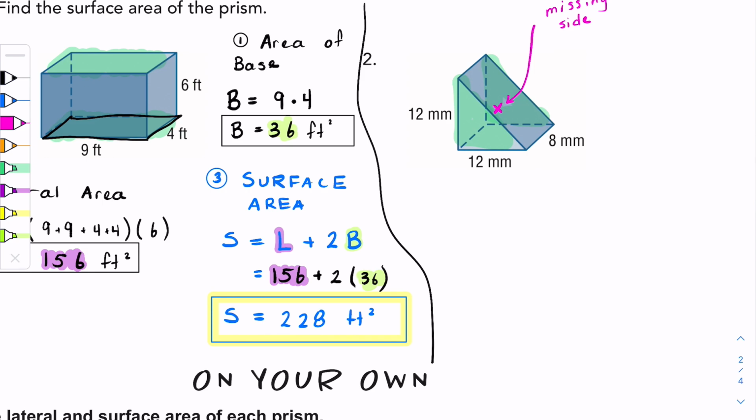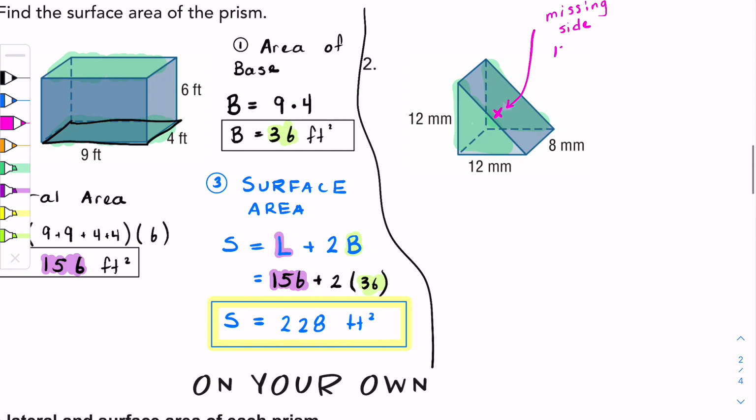We're going to use the Pythagorean theorem just like we've previously done. 12 squared plus 12 squared is equal to the hypotenuse squared. 288 is equal to x squared. Take the square root of both sides, and x is approximately 17.0.